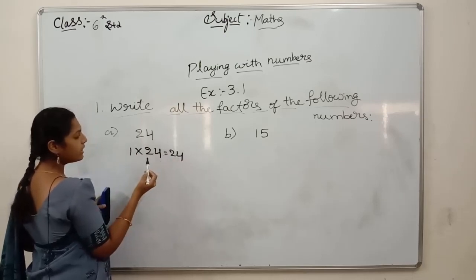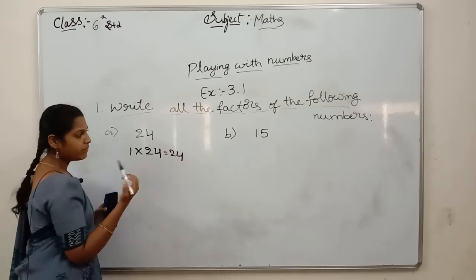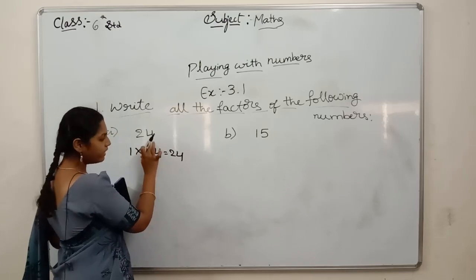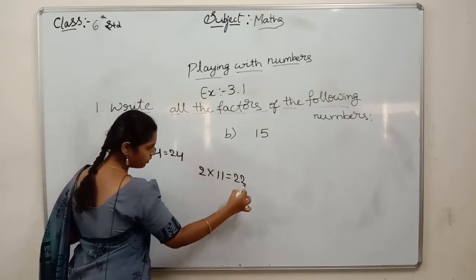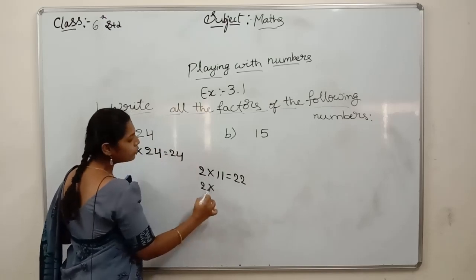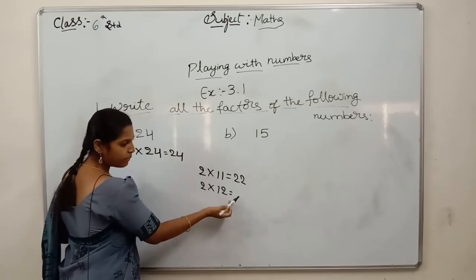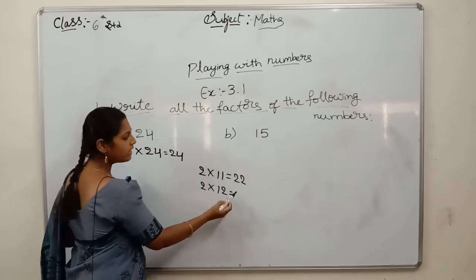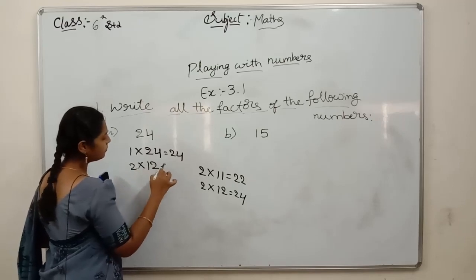Next in the 2 table: 2 ones are 2, 2 twos are 4, and so on. 2 tens are 20, 2 elevens are 22, and we want 24. Next 2 twelves are 24. If you do 12 twos also, we get the same answer, 24. So we can write 2 into 12.